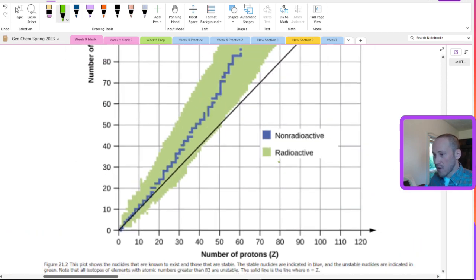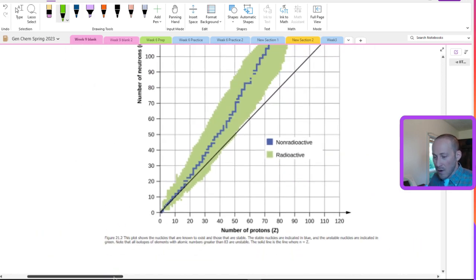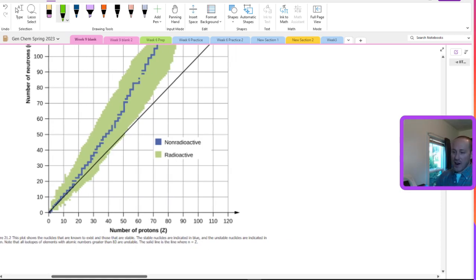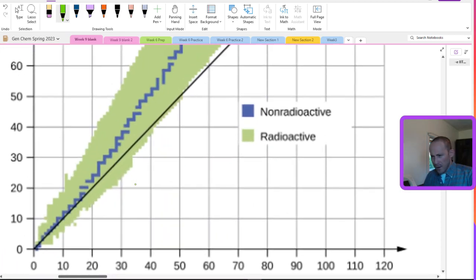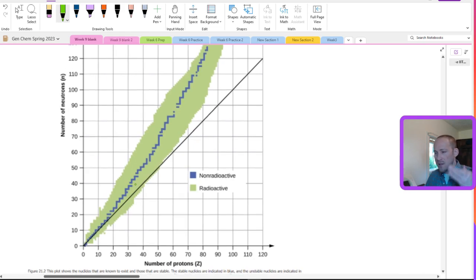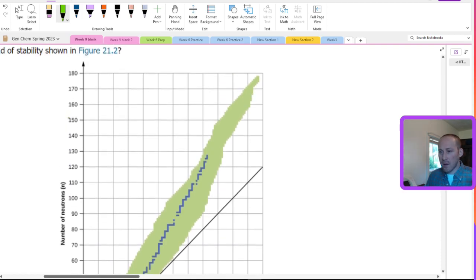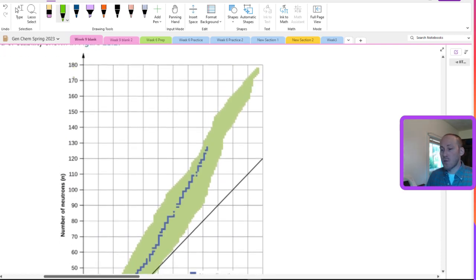Maybe there's some deeper physics where you can have fractions of protons, but at this level of scientific theory, you have either 0, 1, 2, 3, 4, 5, 6 protons, etc., up to 120 on this chart. Similarly, integers of neutrons going up to 180.